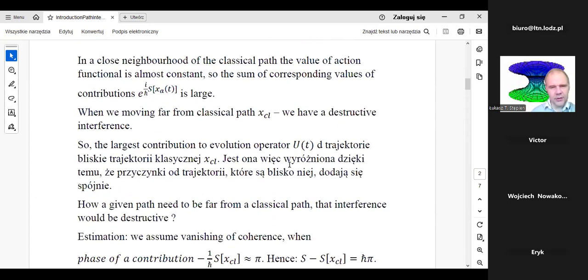If you consider a close neighborhood of a classical path, the value of the action functional is almost constant, so the sum of the corresponding contributions is large. And as I have said, if you move farther from the classical path, you will have destructive interference.